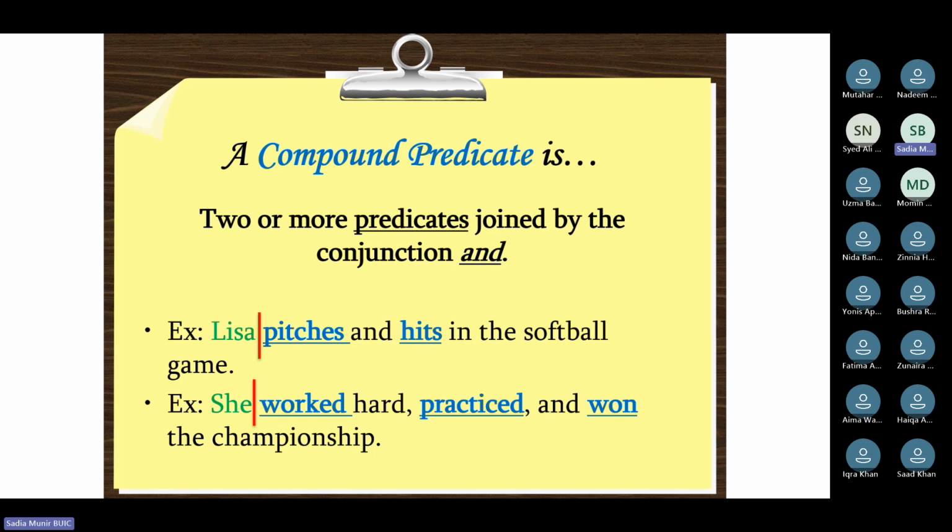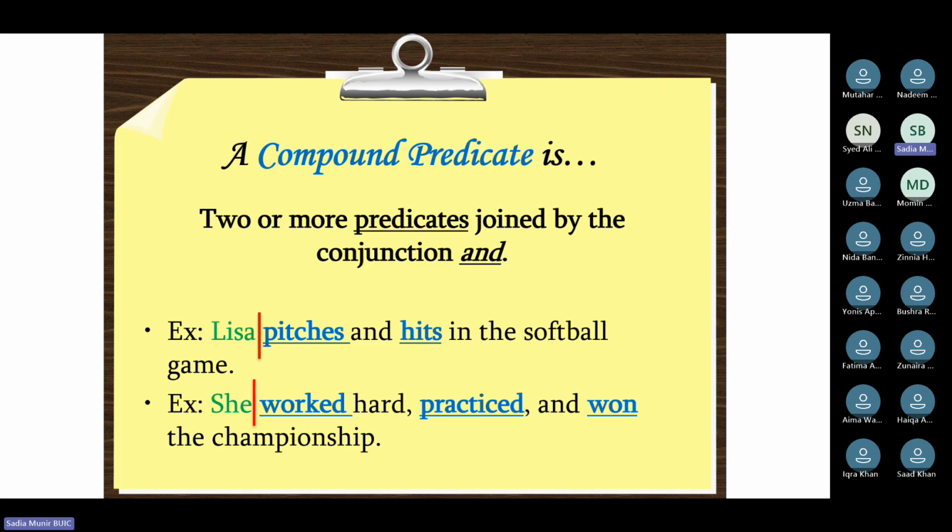We watched a horror movie and screamed at every scene. Okay. We went and played cricket. Good.